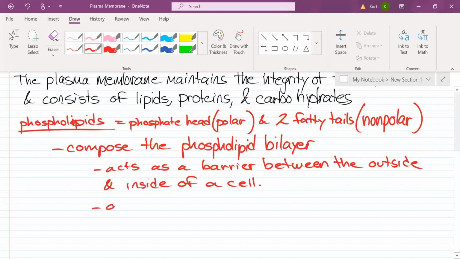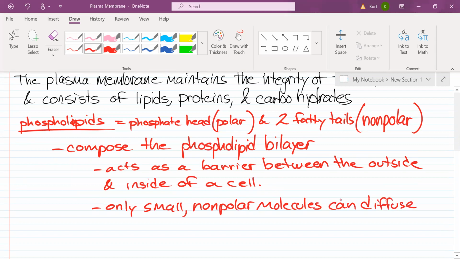So only small, non-polar molecules can diffuse through. And normally I would follow up that question with a why, but you already answered that. The reason why is because the polarities are different.